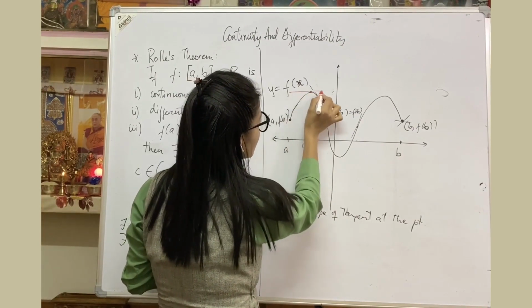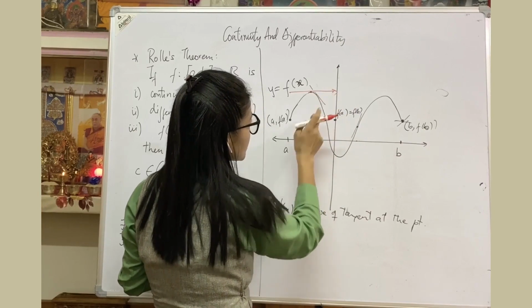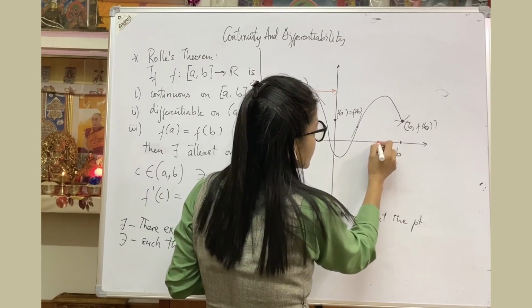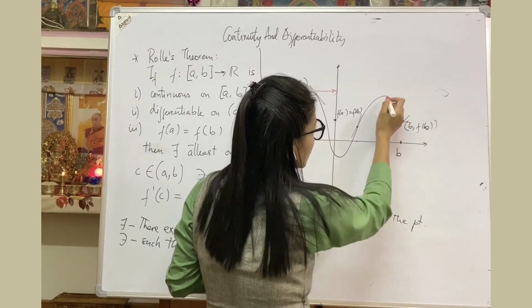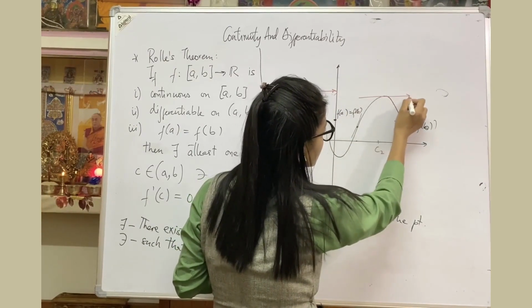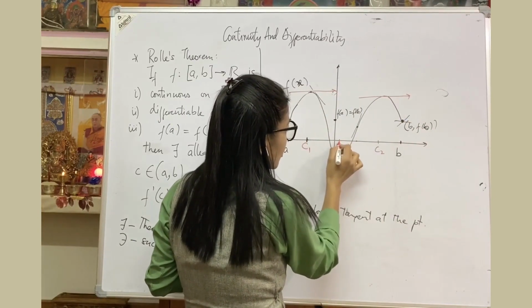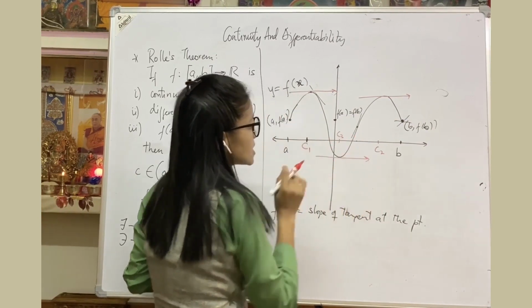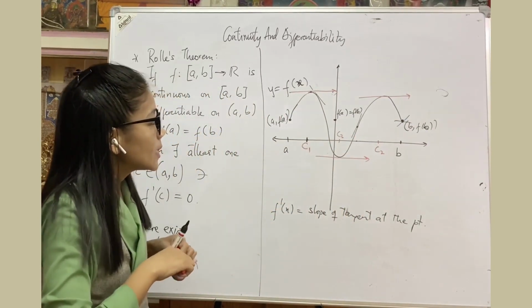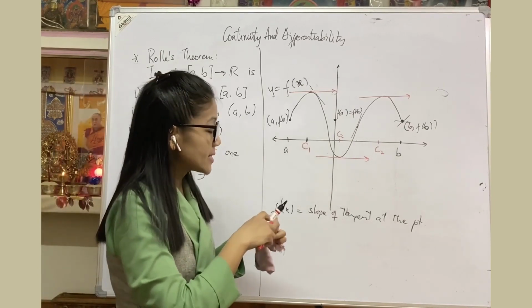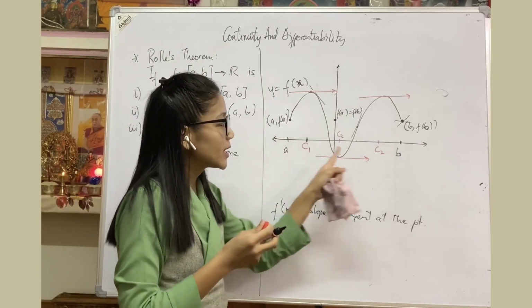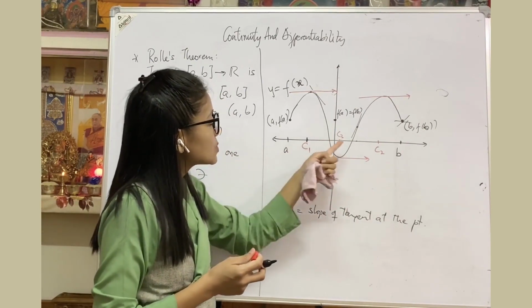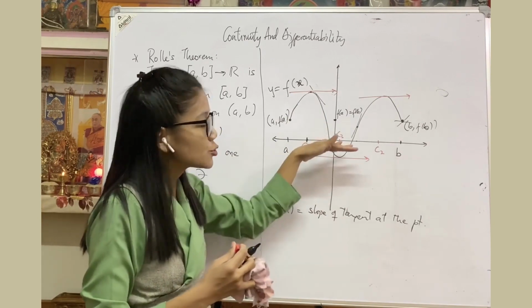If you draw the tangent from this point, you can see this tangent is parallel to x-axis, right? Similarly, if I see a point here that is C2, from this point also the tangent is parallel to x-axis. If I take a point here C3, at this point also when you draw the tangent it's parallel to x-axis. Now all the points C1, C2 and C3 lie within the interval AB, is it? So we got here 3 C's such that when you draw the tangent from this point it is parallel to x-axis.